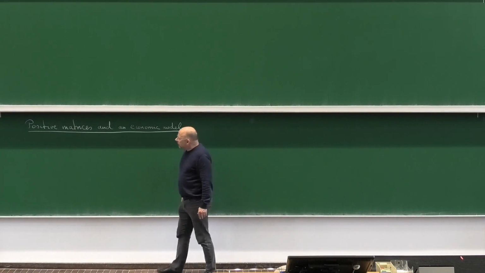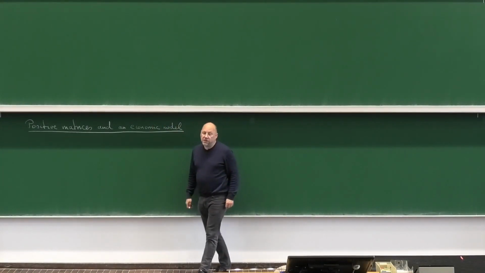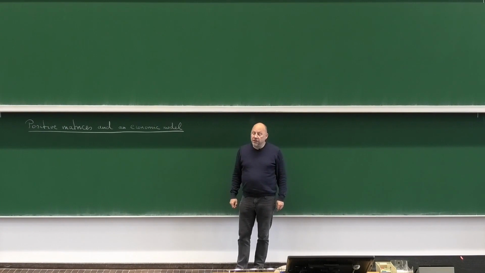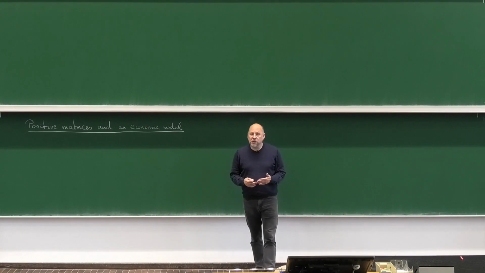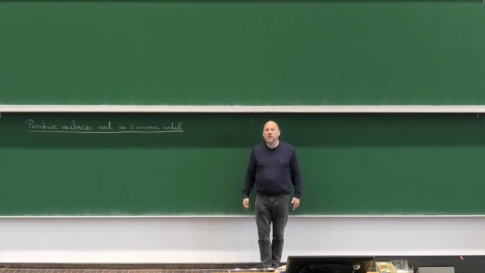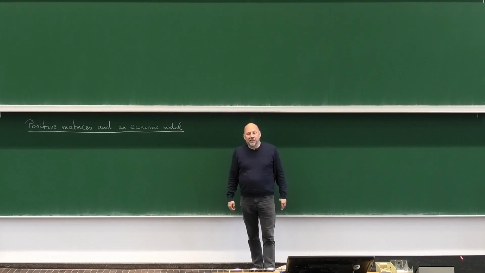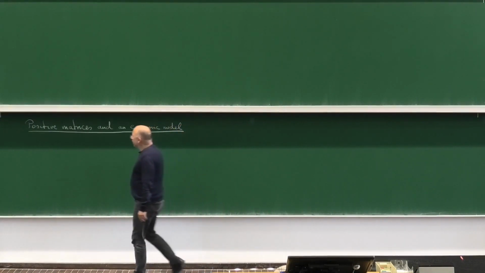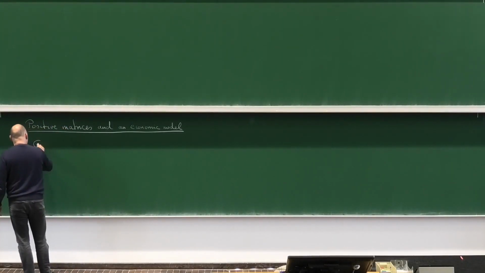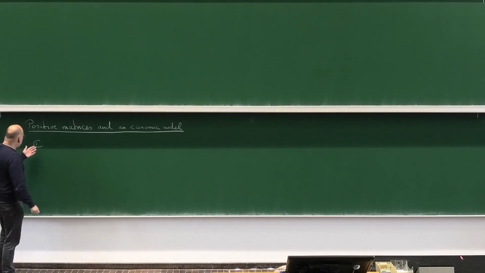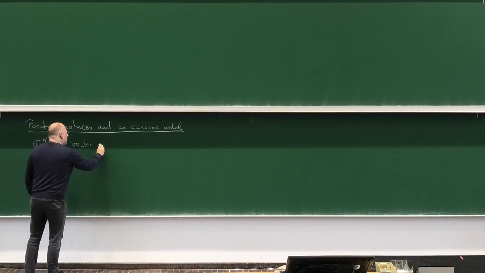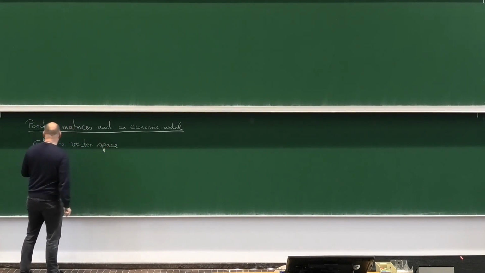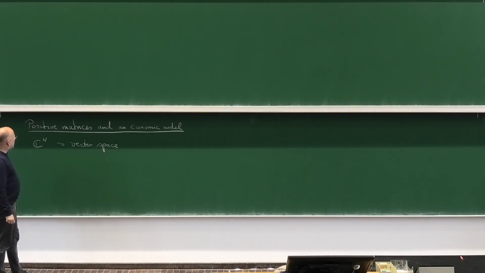So we are considering matrices, real matrices actually, but for spectral theory, as you might know, when we speak of the spectrum of a matrix, it is better to let it act on Cn. So Cn, first of all, C is the set of complex numbers, and Cn is a vector space, a complex vector space, here over the field of complex numbers.